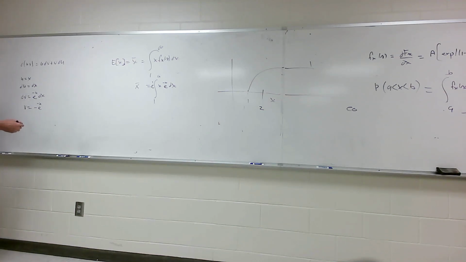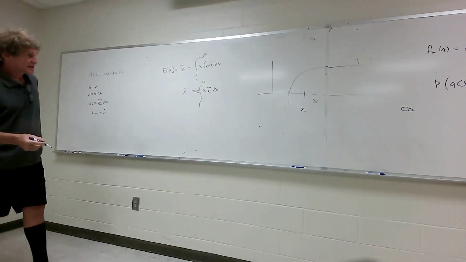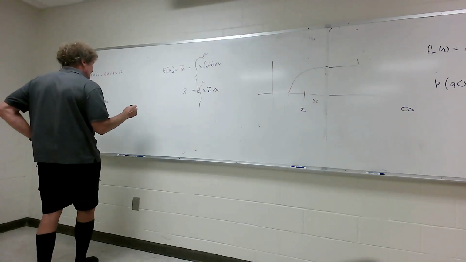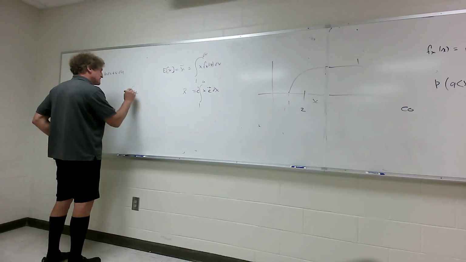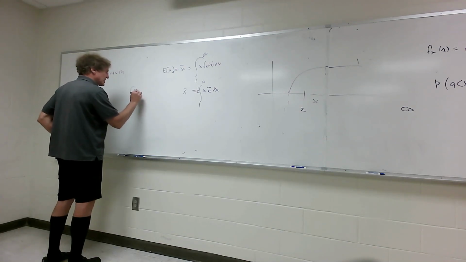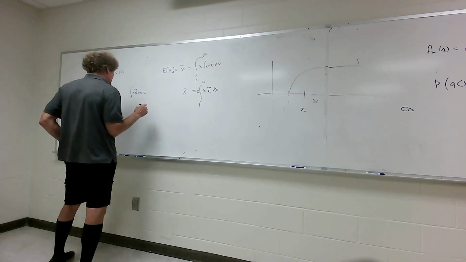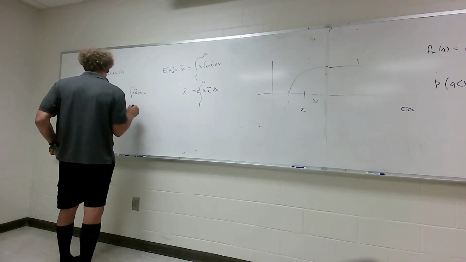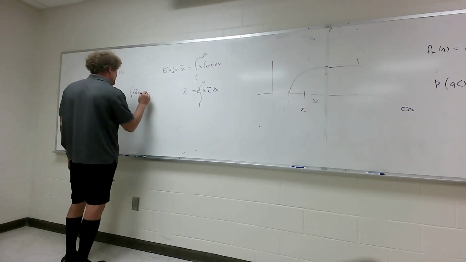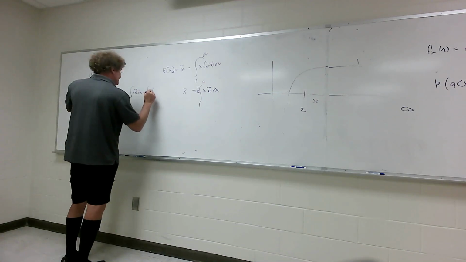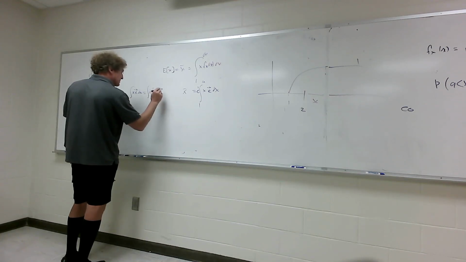So if I want the integral of x e to the minus x dx, that is a u dv, so it's equal to the integral of d of uv, or d of u times v, which is going to be a minus e to the minus x.